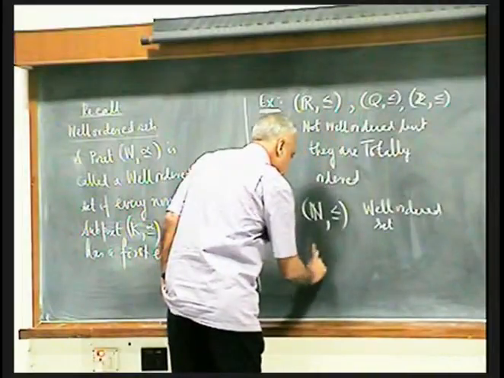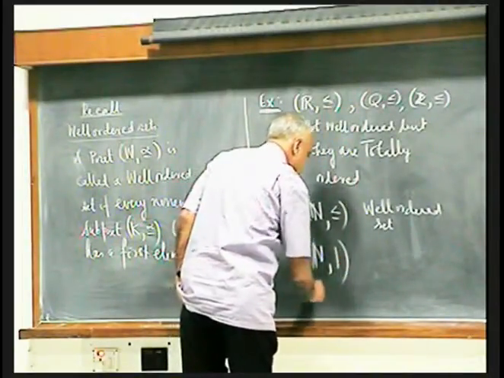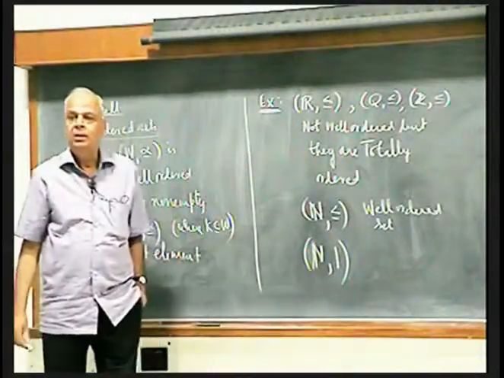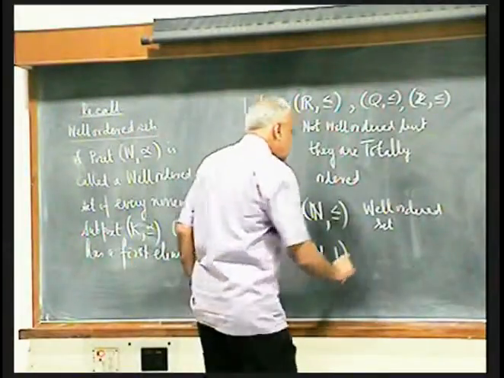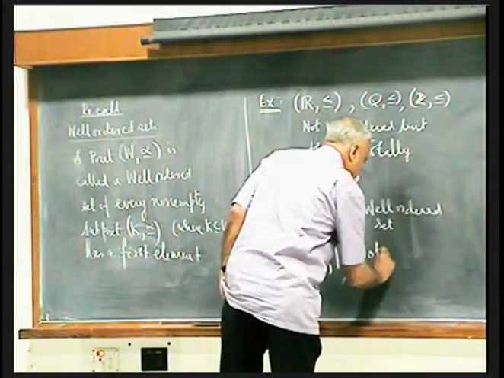But if on the same natural numbers I put a divisibility condition, a partial order, it is not a well-ordered set.